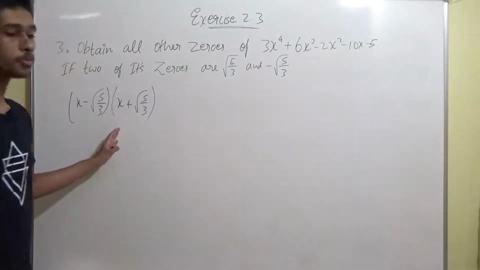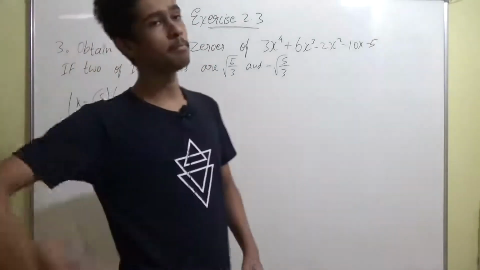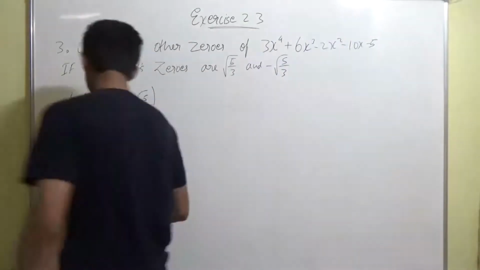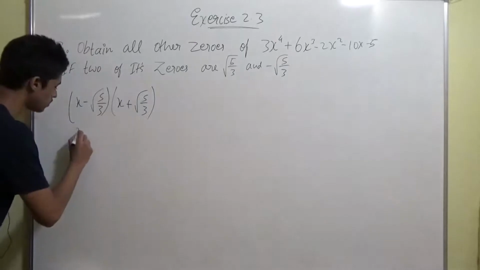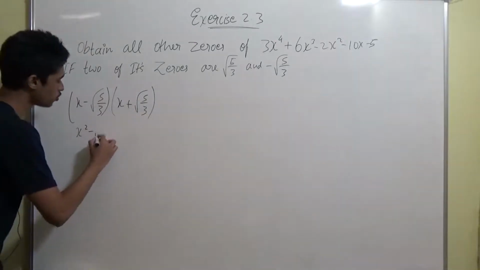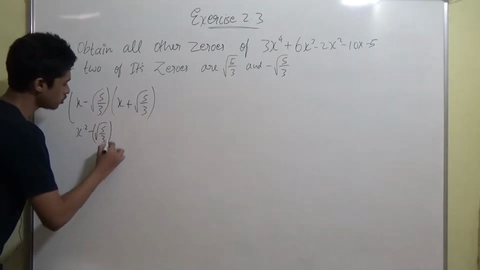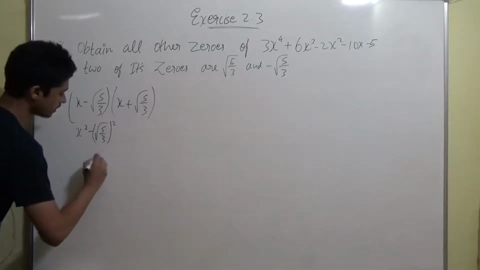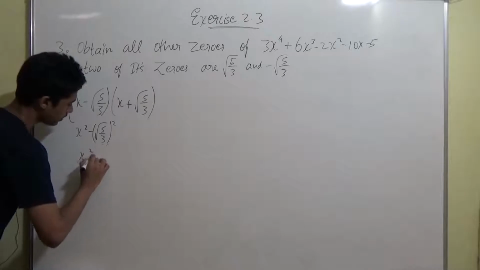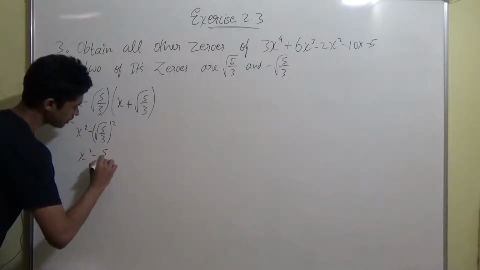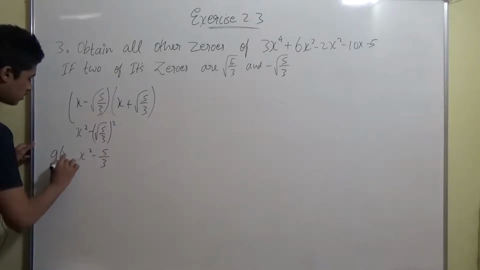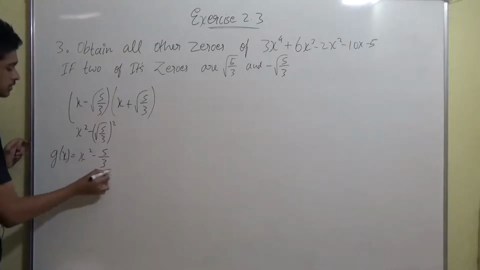In this case it becomes x^2 minus (root 5 by 3) the whole squared. The root and the square get cancelled, and we get the final equation of g(x) as x^2 - 5/3. This is your g(x).